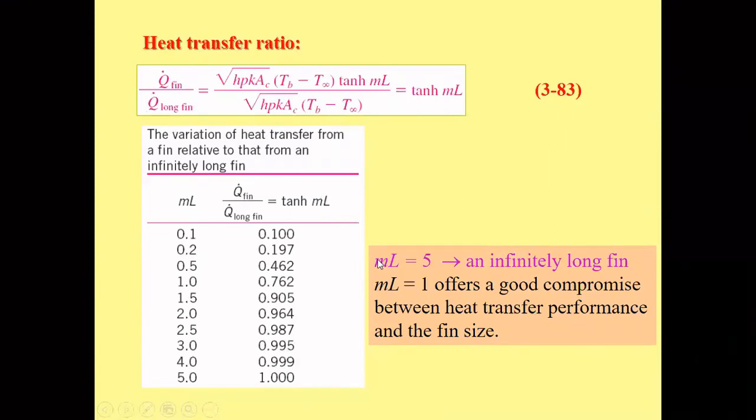It is for you to decide whether your fin is actually very long or not. So when it reaches 1 here, it means that you actually have a very long fin.